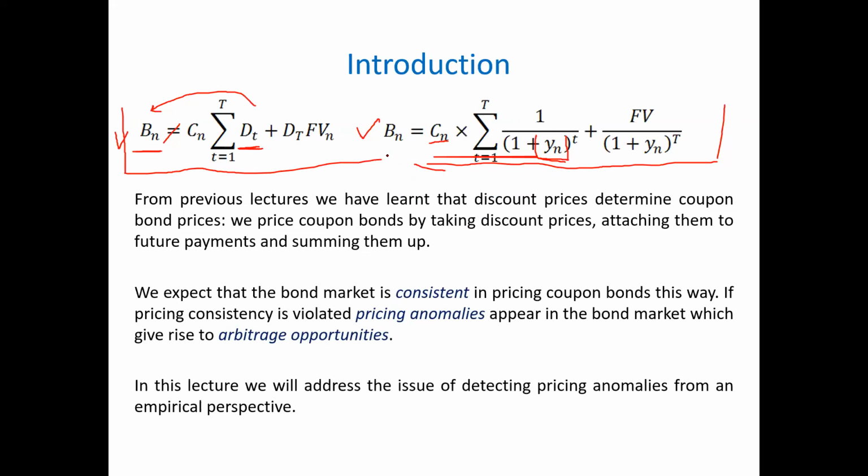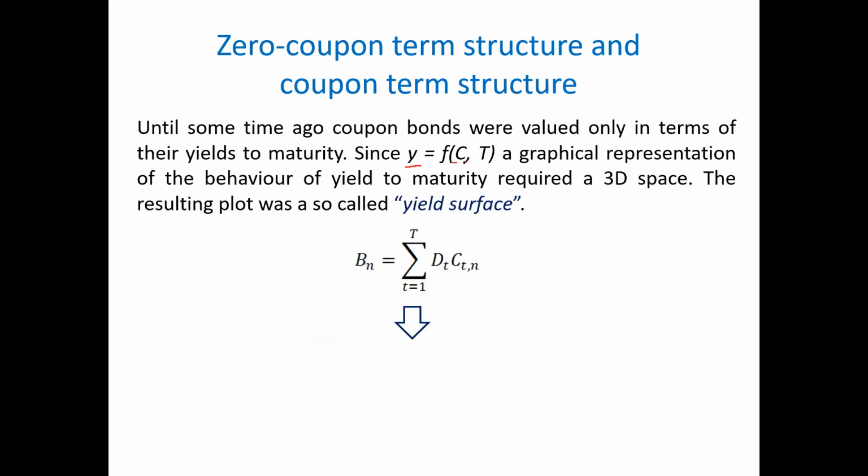And if we hold all inputs unchanged but change time to maturity, then yield to maturity will also change. So we can say that yield to maturity is a function of two variables: size of the coupon and time to maturity.